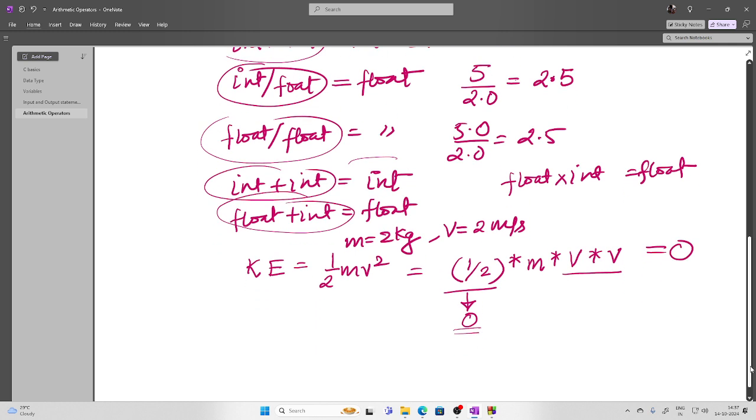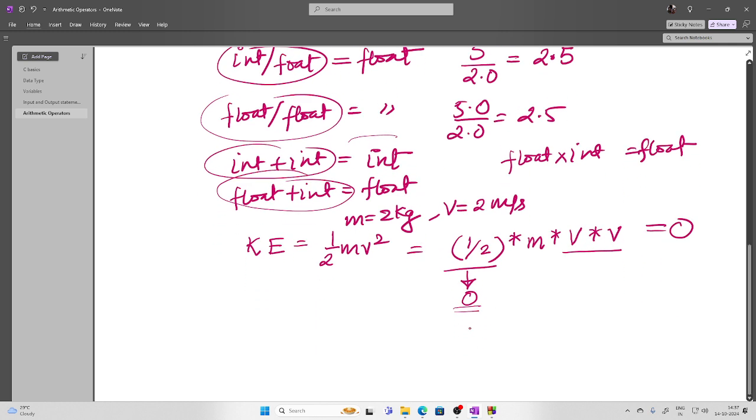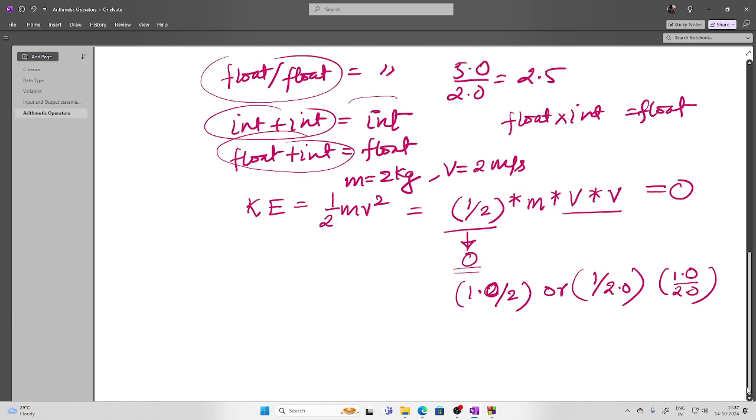So you should be very cautious. Instead of writing 1 by 2 like this, you can use 1.0 by 2, or 1 by 2.0, or 1.0 by 2.0. Or what you can do is typecast. What is typecasting? Typecasting basically changes the data type of a variable or a number.